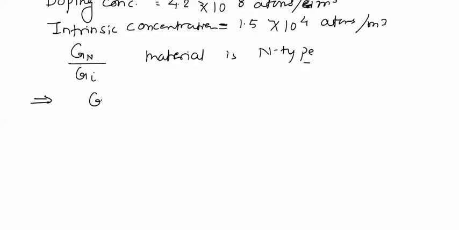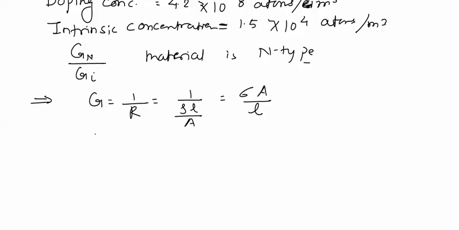We know that conductance of a material is equal to 1 by resistance, and resistance R equal to rho L by A. From this equation we can write conductance equal to sigma A divided by L.